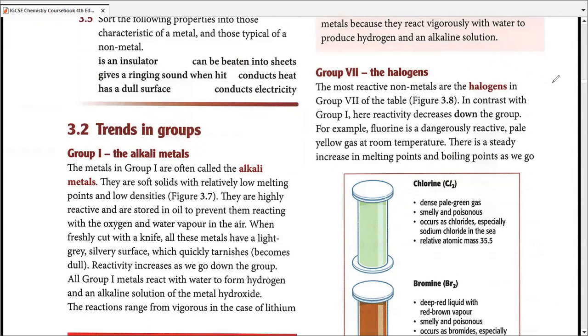Now, if you take a look at the periodic table, you're going to find group 7 something like this. It starts with fluorine, then we have chlorine, then bromine. Next up is iodine, and lastly astatine. So we have 5 elements in there.